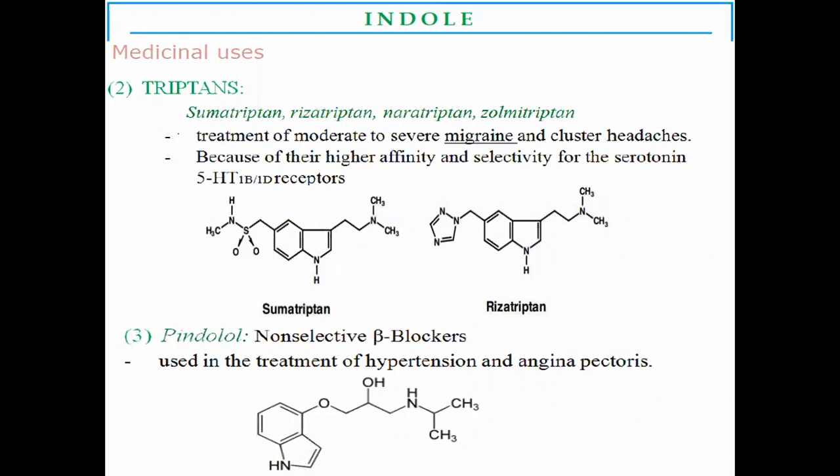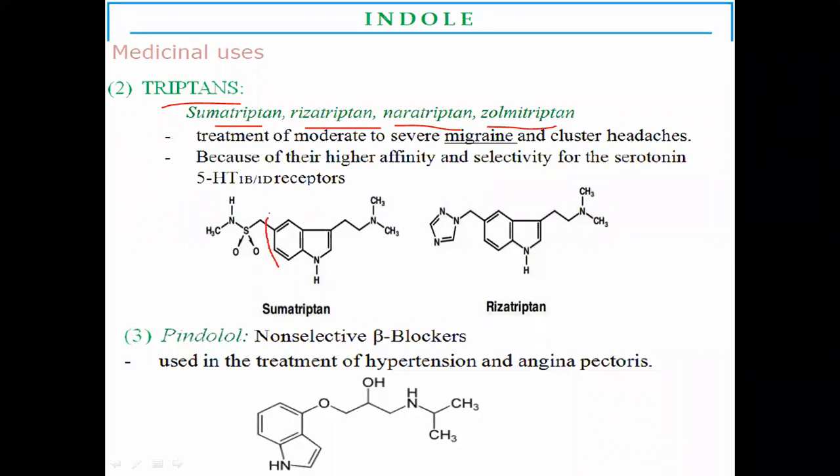Triptans. The triptan class has examples such as sumatriptan, rizatriptan, naratriptan and zolmitriptan. These are examples of the triptan class.